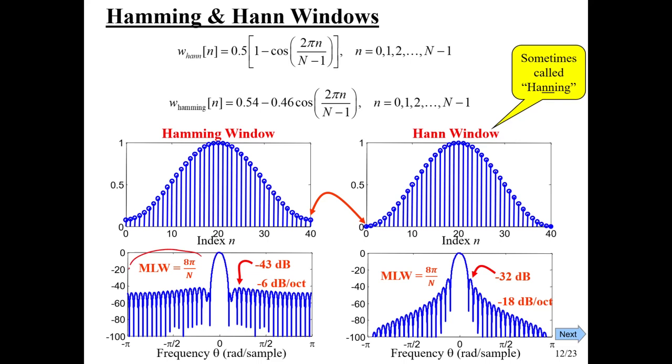There's a price to pay for both of these, though. The main lobe width is worse than the rectangle. It's twice what it was for the rectangle. The rectangle window had a main lobe width, MLW, of 4 pi over N. This is 8 pi over N. So Hann and Hamming are saying, if you're willing to give up some main lobe width, you can get better side lobe performance.